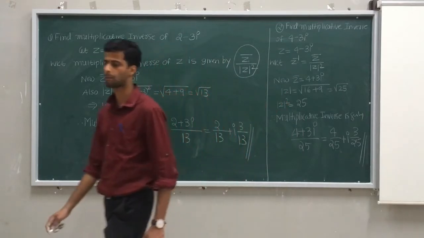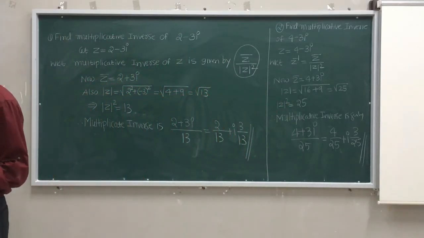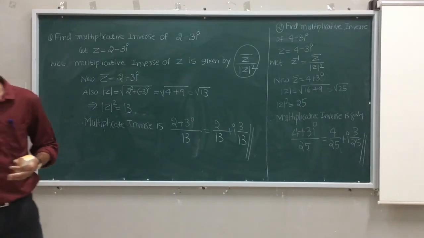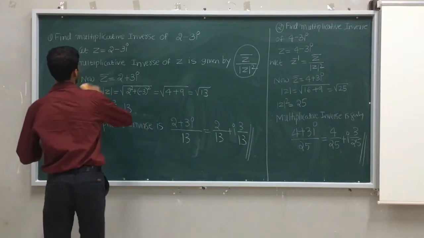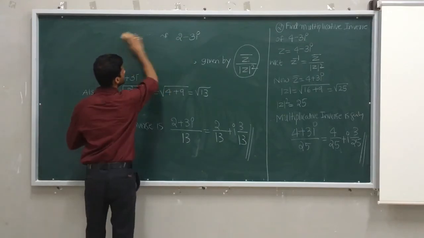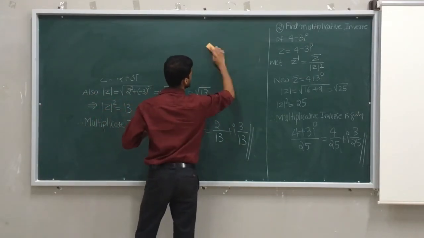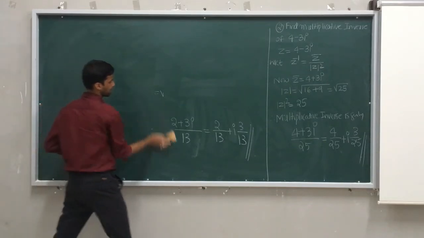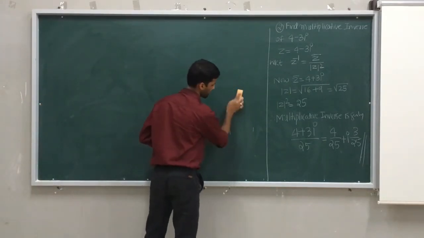So that is called the multiplicative inverse of the given question. Let me verify the answer. If you check the answer, you will get the same, that is 4 by 25 plus i times 3 by 25 is the answer for this multiplicative inverse. I'll solve one more question so that you will get an insight. It's a very important question from an exam point of view.